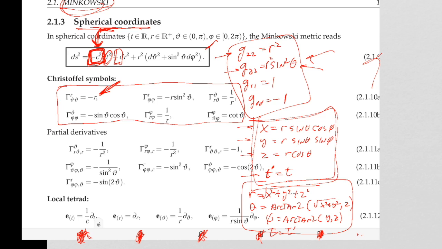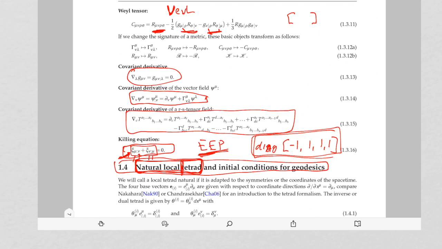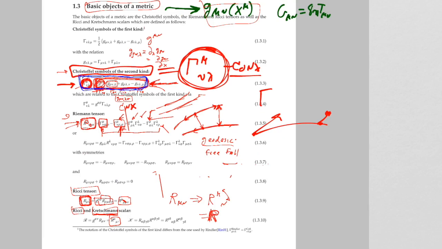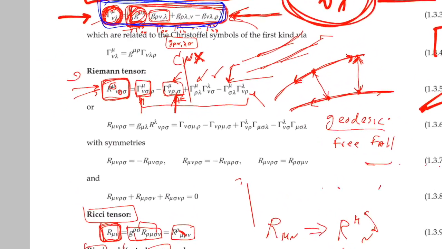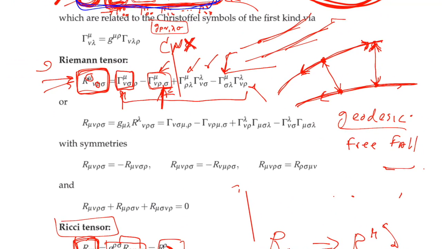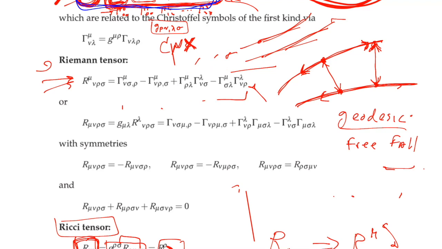And then remember, back in the beginning, I showed you, let me erase this so you can see it, if you look at the Riemann tensor, to calculate it you need the derivatives of the Christoffel symbols.